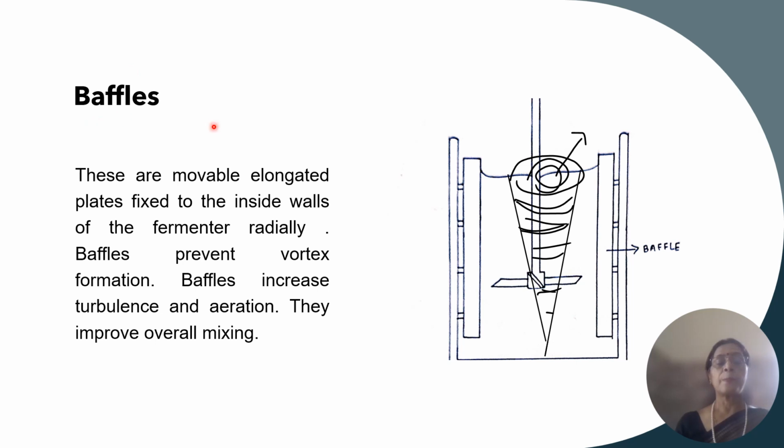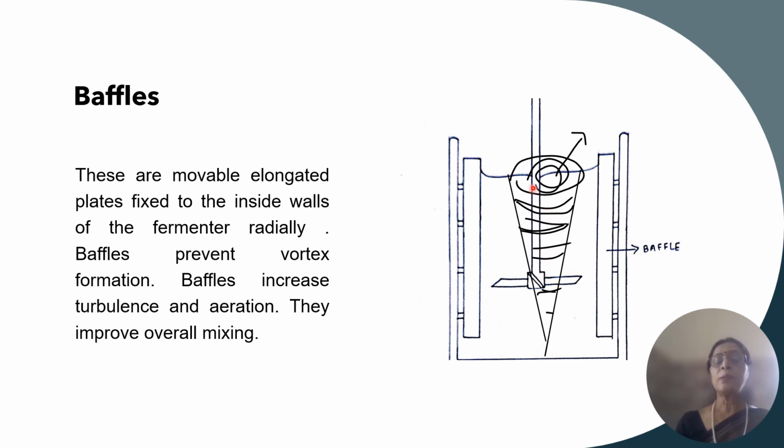Then baffles. Baffles are blades attached to the wall of the fermenter. During fermentation, a vortex is formed. A vortex creates an area of separation of the gas from the other areas. So here there is trapped gas, and that hampers the bioprocessing event.